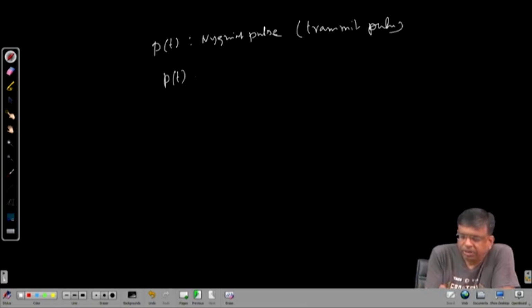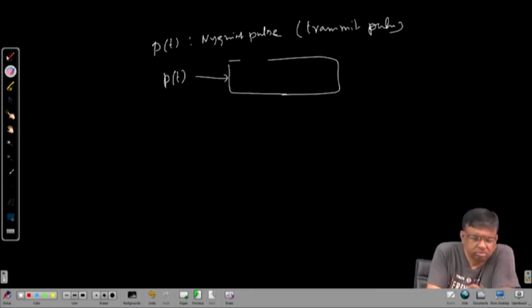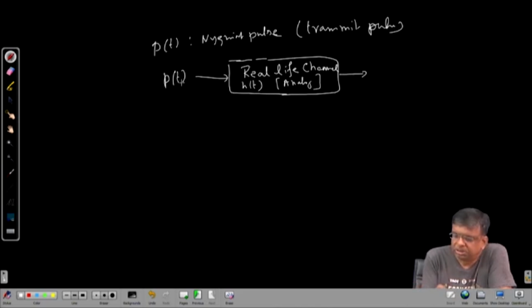As it goes through the channel, the analog channel, real life, this basic pulse which was satisfying the Nyquist condition, that is the zero forcing condition, will go through this.